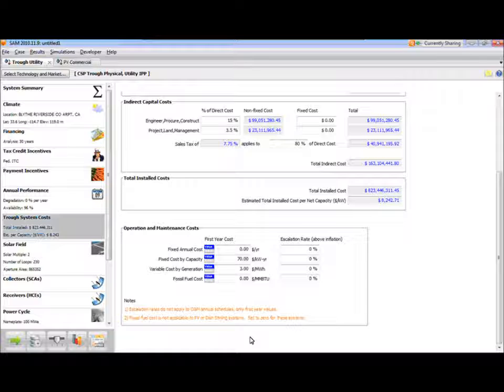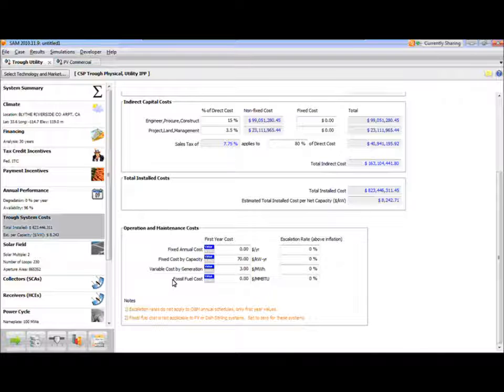And you can specify O&M costs either as annual costs in dollars per year, so just a fixed dollar amount per year. It can be an amount that scales with the size of the system, so dollars per rated kilowatt of system capacity, or it can be an amount that scales with the output of the system in megawatt hours, so dollars per megawatt hour.